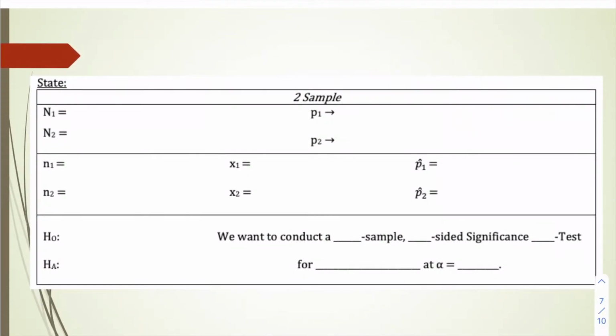So my P1 is the proportion of men that took gemfibrozil and had a heart attack.